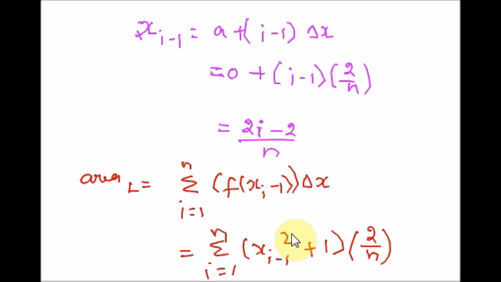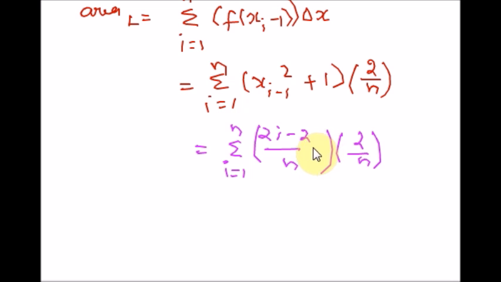Here this is squared, so you are going to square 2i minus 2 over n, plus 1, and then you have to distribute this with 2 over n. Now find the square of this using the a minus b the whole square formula, plus 1, and then distribute this. By doing so, I'm getting this. Hope you're clear with this part.